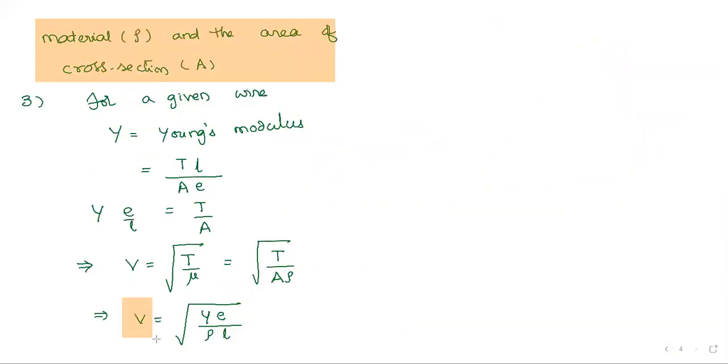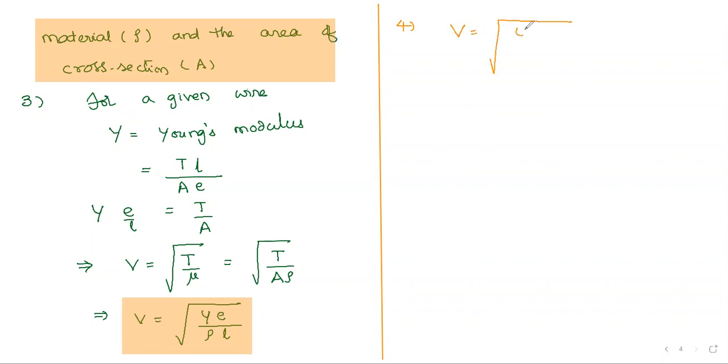And then one more here, V is equal to root of Y E by rho L. Last but not least, about to stop, don't worry, there for 1 or 2 minutes. Just here I'm going to write V is equal to root of Y by rho into E by L.